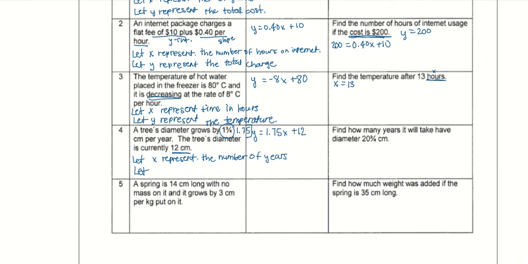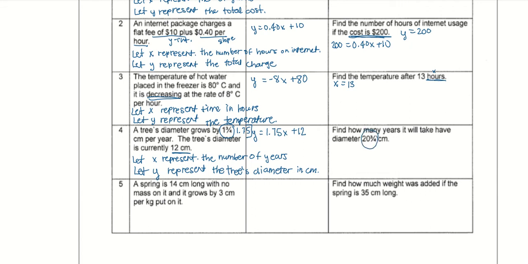So 12 plus 1.75 per year, that's going to be the total diameter. So we can just say let y represent the tree's diameter. And it's in centimeters.